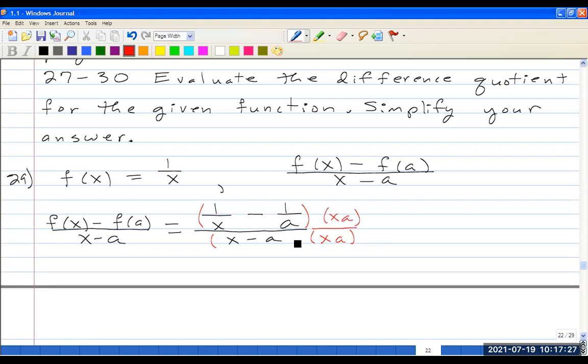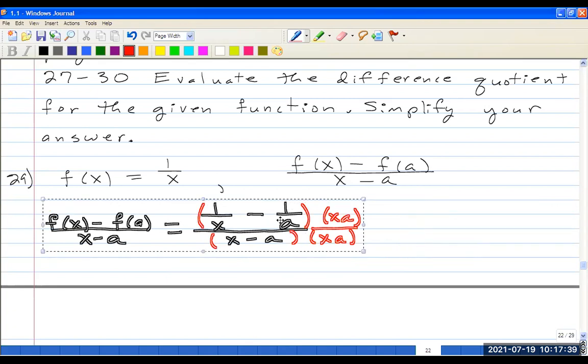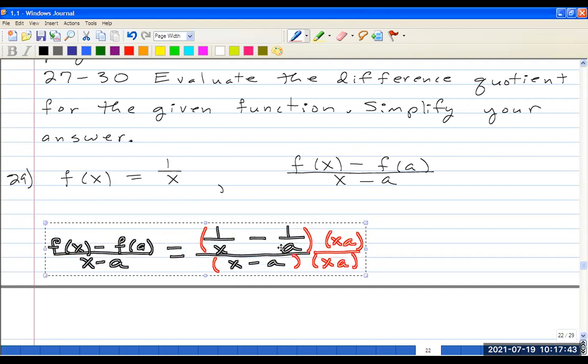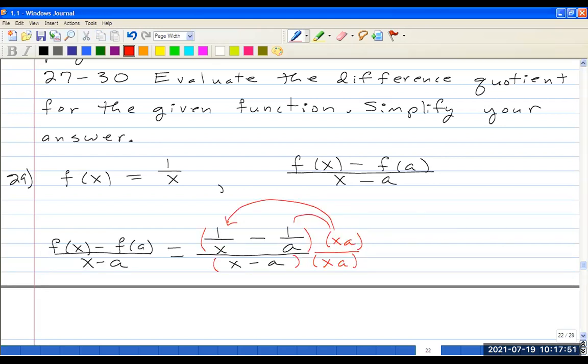Let me move this down so I have a little bit more room. Okay, so let's multiply inside the parentheses.